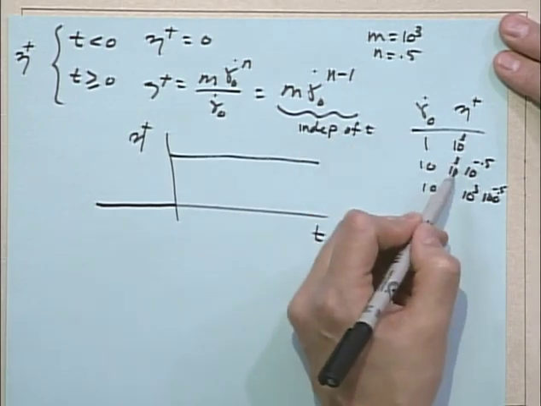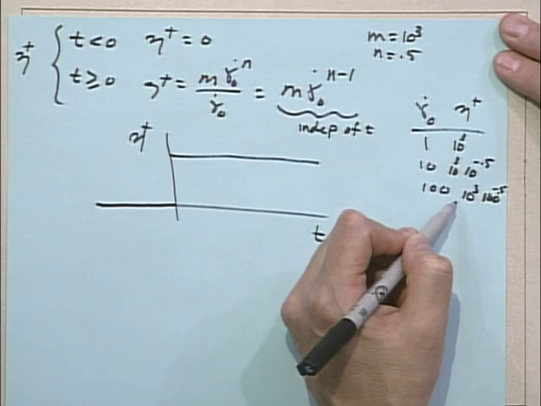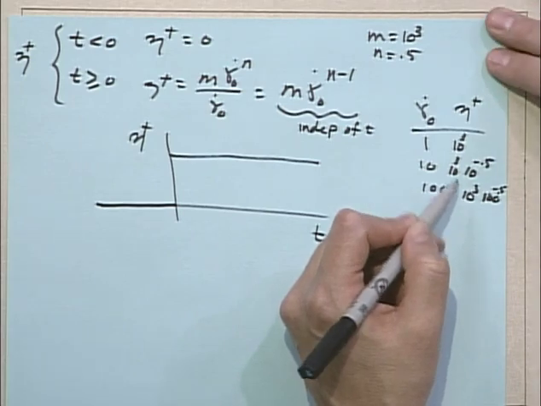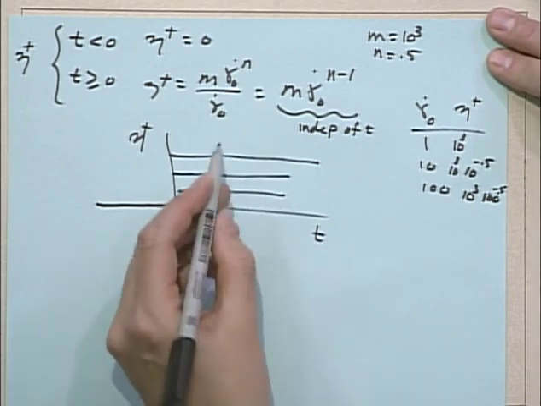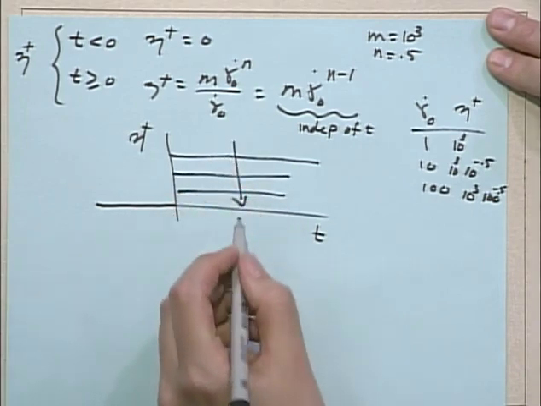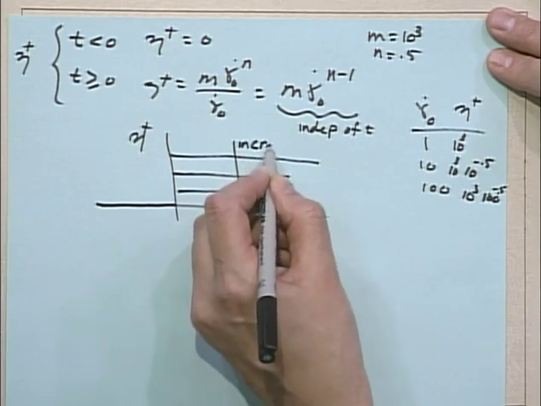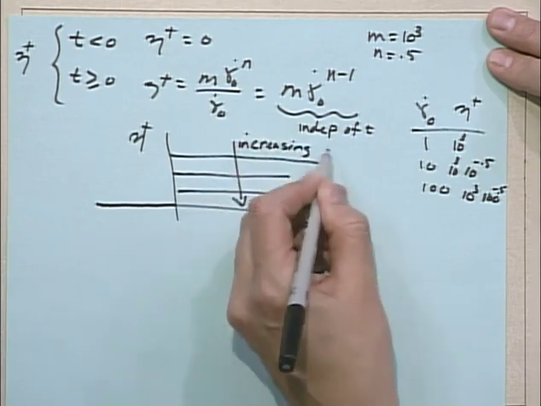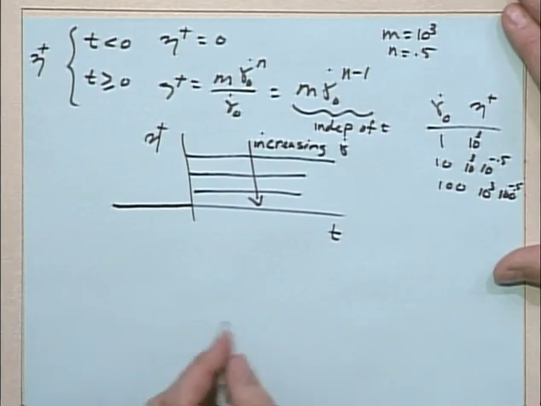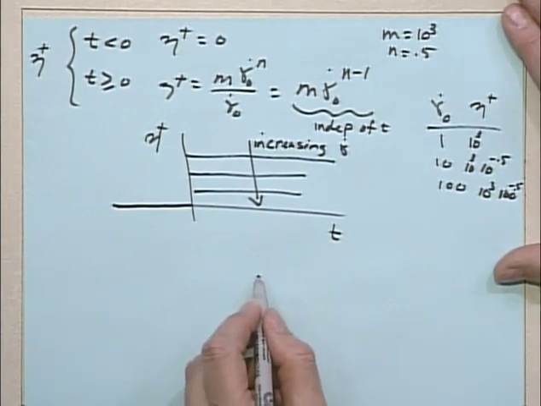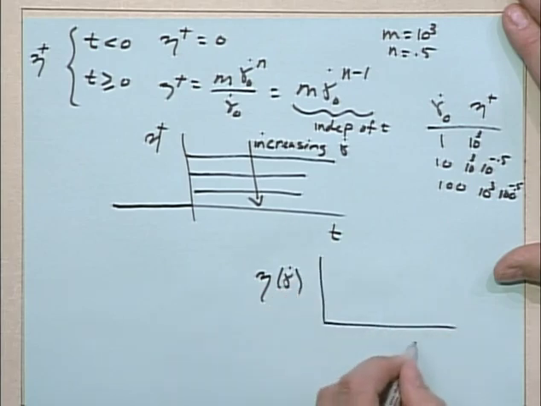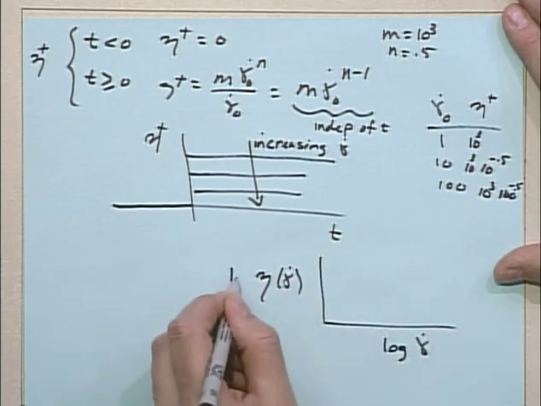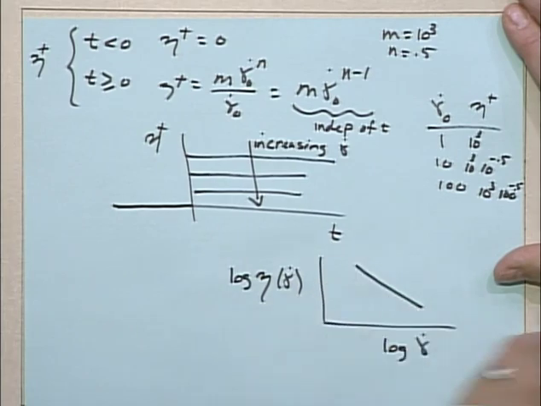And then as you go to higher and higher shear rates, it goes to lower and lower values. We can also see this from a sketch. If we looked at our original function, eta of gamma dot as a function of gamma dot, we know that this is a power law function which looks like this.